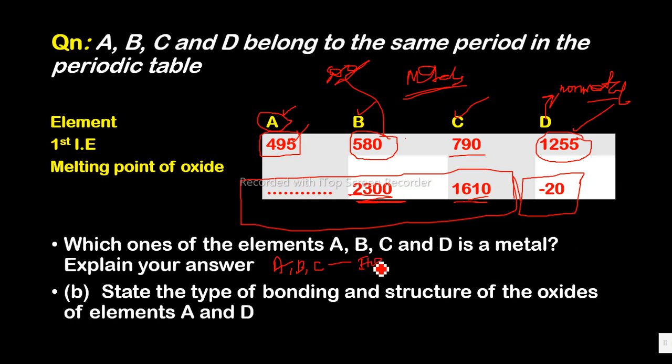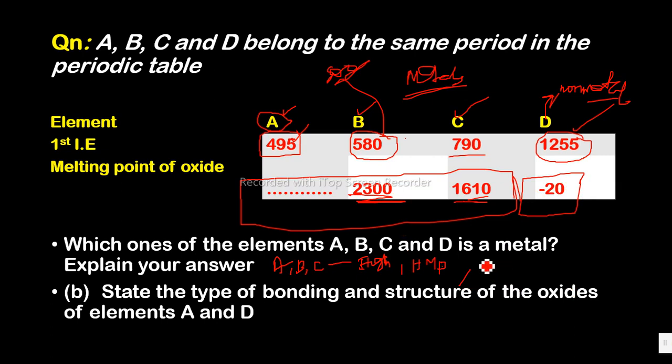They have a low first ionization energy and a high melting point. Because of these two, they confirm that these elements are metals. But D is a non-metal. Why?